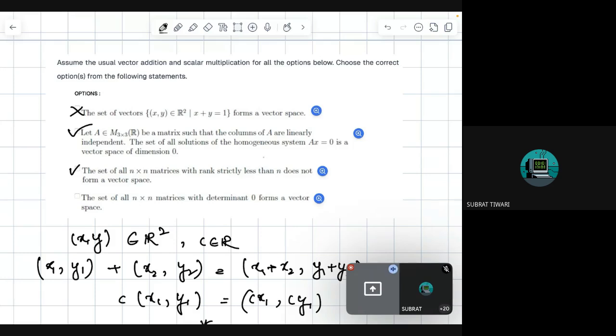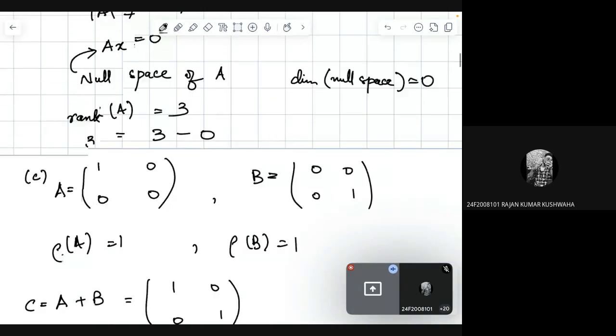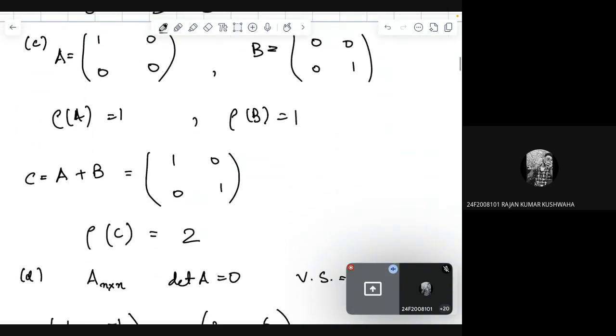And so what we did, we took two matrices with rank strictly less than n. We had taken 2 by 2 matrices, and for 2 by 2 matrices, each had rank 1. So 1 is less than 2, right? So 1 is strictly less than 2. And hence when we are adding the two matrices, we are not getting rank strictly less than 2, we are getting rank 2, which means if it were a vector space, then the rank should come strictly less than 2, it should belong to the vector space, but it does not belong to the vector space.